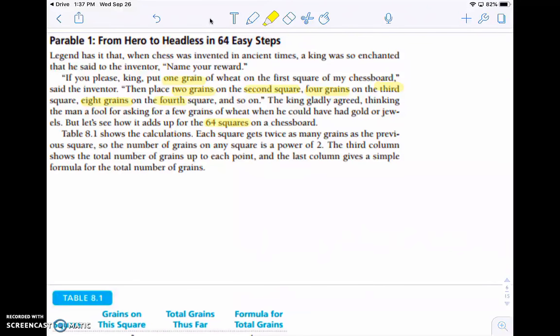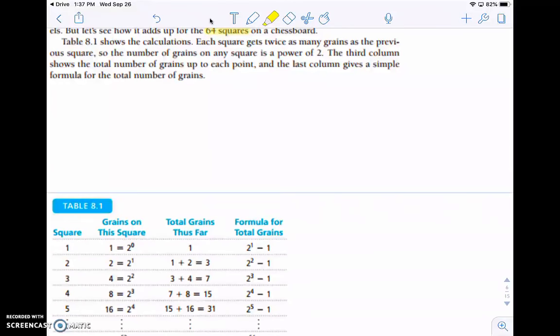I've got a little table down here, but essentially the pattern is we get 1, and then 1 times 2, which is 2 to the first, and then 1 times 2 times 2, which is 2 to the second, and then 2 to the third on square 4, 2 to the fourth on square 5, and that's how many grains of rice are on the square.